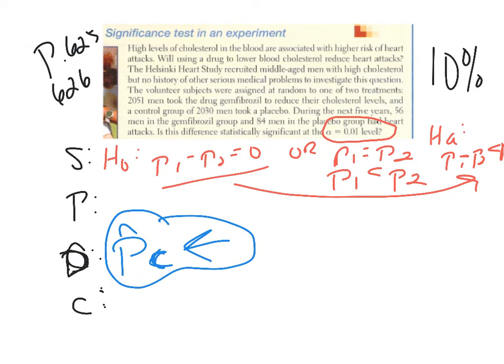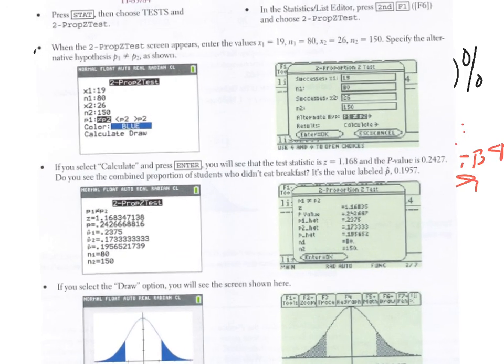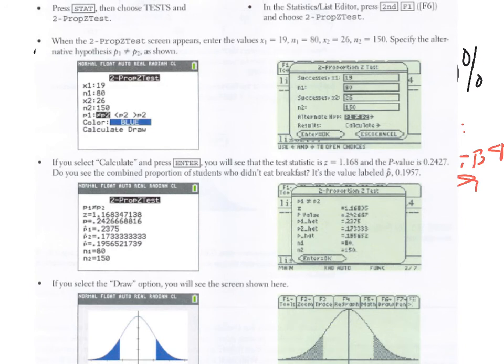Let me pull that picture up again real quick. So in your technology here, you will see that you get this third p hat value right here, which is your p hat combined. So it will give it to you. You just need to know what your calculator is giving you.